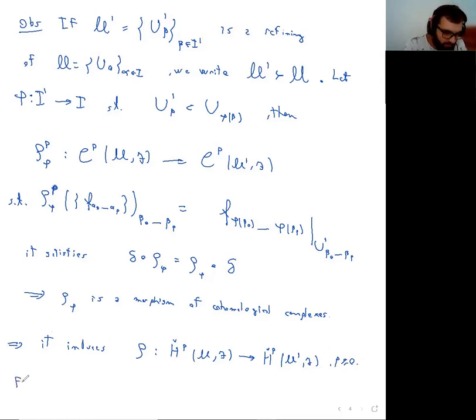And just to give you a quick fact, this induced morphism rho, I mean, I'm using the same letter, but I mean this one, the one in cohomology, is actually independent of phi.